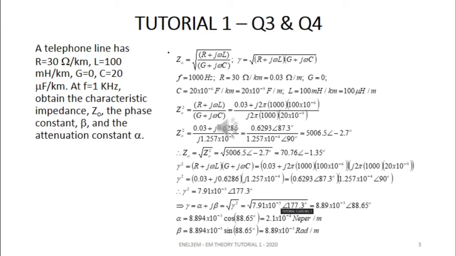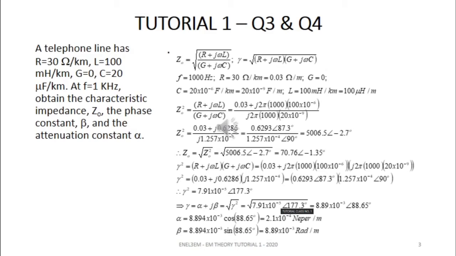So at 1 kilohertz, you are supposed to obtain the characteristic impedance Z0, the phase constant beta, and the attenuation constant alpha. Now to solve this, we have the standard expressions for Z0 and gamma as shown. Now our frequency, of course, is given as 1000 hertz because that's 1 kilohertz. R is 30 ohms per kilometer, which is 0.03 ohms per meter.